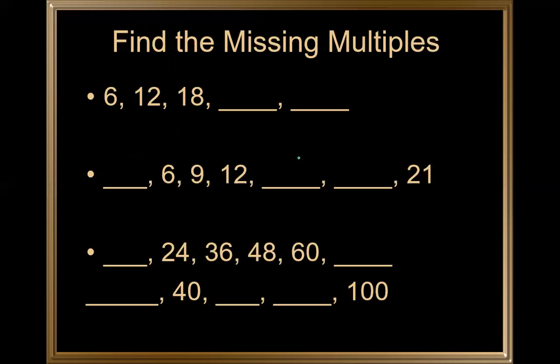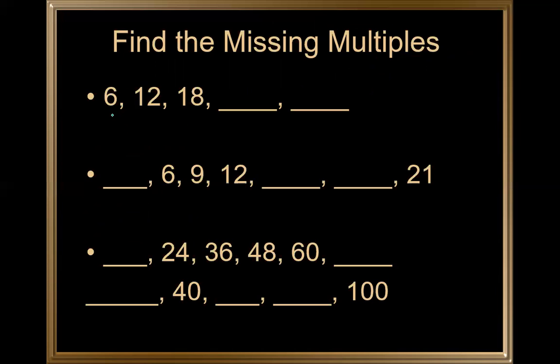So now we will learn how to find the missing multiples. Whenever you are finding the missing multiples, if you are getting confused and are not able to identify the table, here is what you can do.